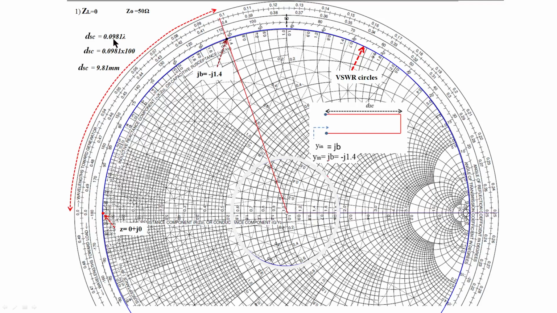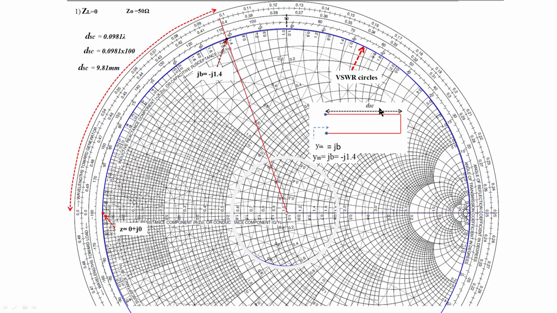So I took it as 0.0981 lambda, because the distance here is measured in terms of wavelength. Multiply that by the lambda value and you will get the actual distance in mm or centimeters. Lambda is given in mm as 100 mm, so multiply that and you will get this value.